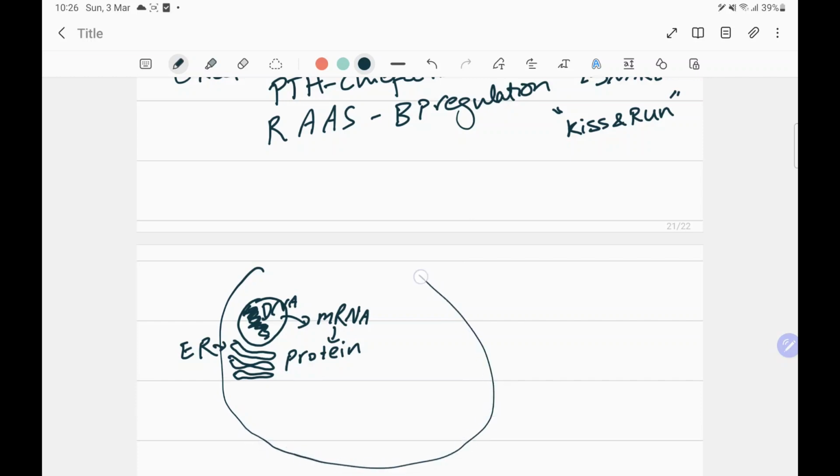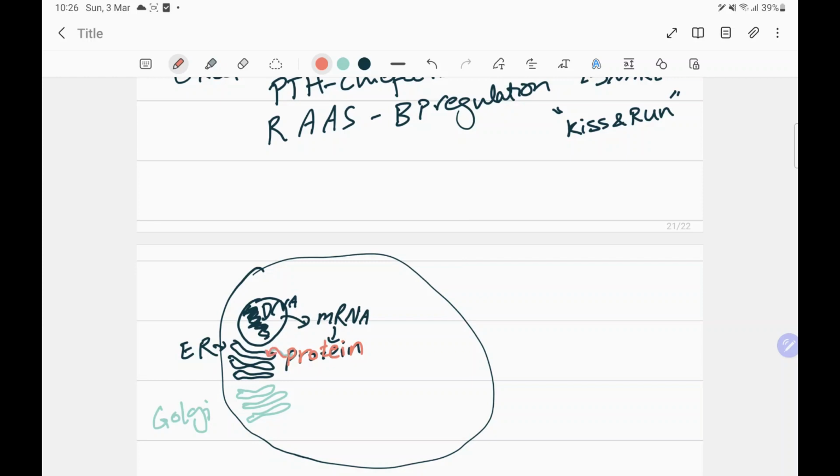Yeah, that's better. So we have ER, and now I'm going to draw the Golgi apparatus. This is all important in the packaging of substances. So this is Golgi. So the proteins are made, they go into the ER. This is the protein I'm drawing in red.